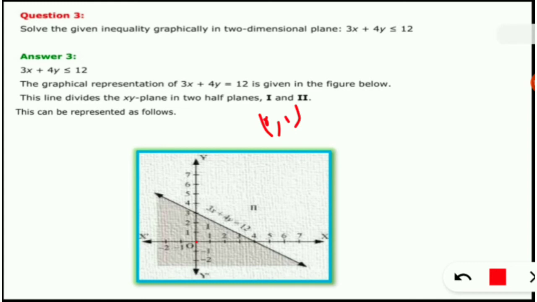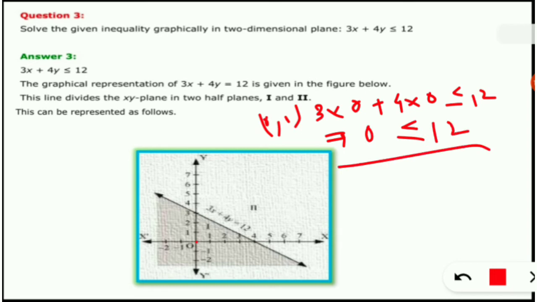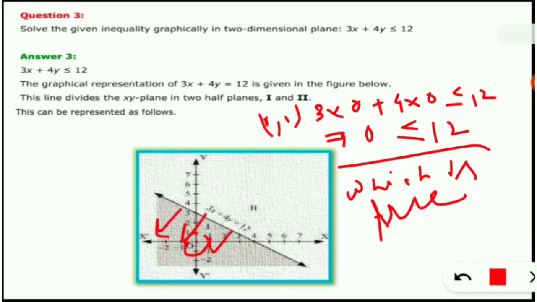Putting x = 0 and y = 0 in the given inequality, 3 × 0 + 4 × 0 ≤ 12, so 0 ≤ 12, which is true. That means the point (0, 0) lies in the required region, so the required region is the lower half plane of this line. Is it clear?